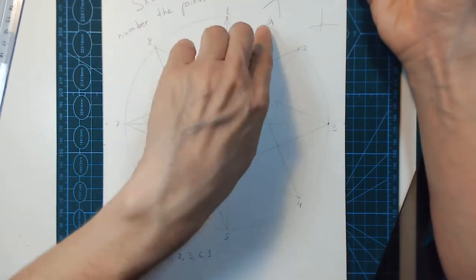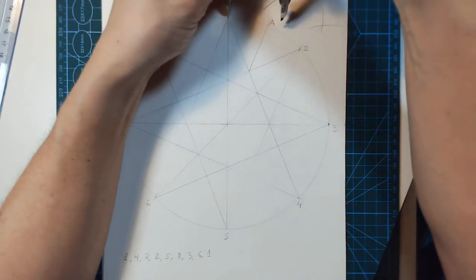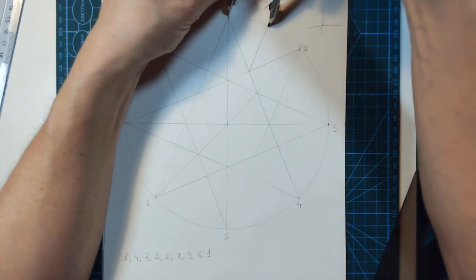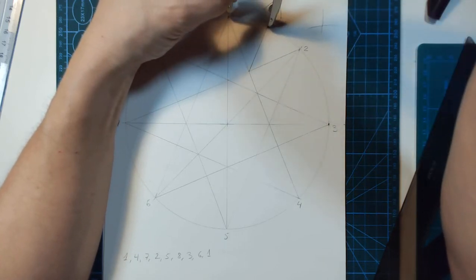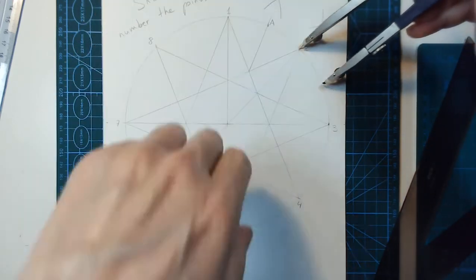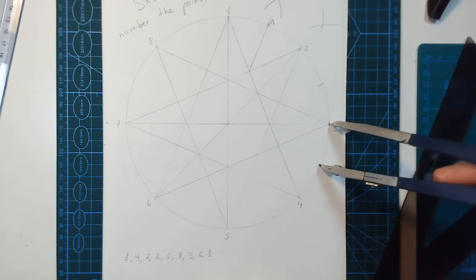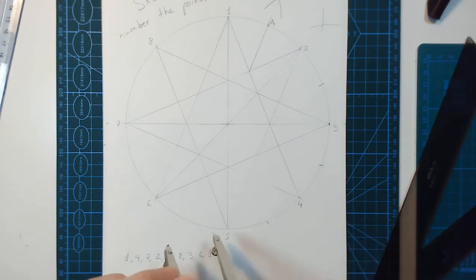So the way we're going to get the other points is by transferring. We're going to transfer this length. Look, this length. We're going to transfer this here. B, C, D, etc.